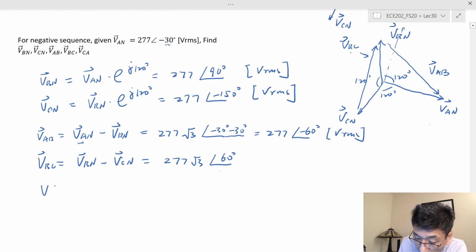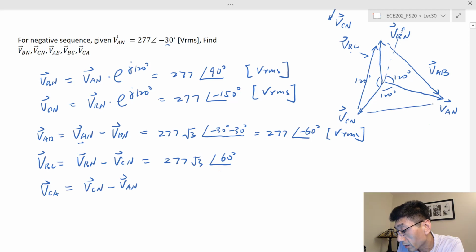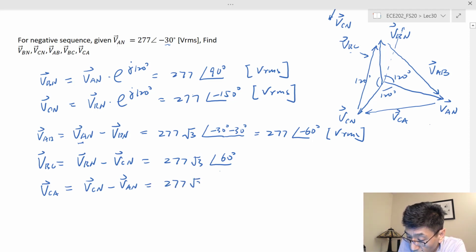And VCA is going to be equal to VCN minus VAN. This one is actually easy, right? So this is VCN minus VAN, and so this is the VCA, and this is going to be 277 square root 3 and 180 degrees.